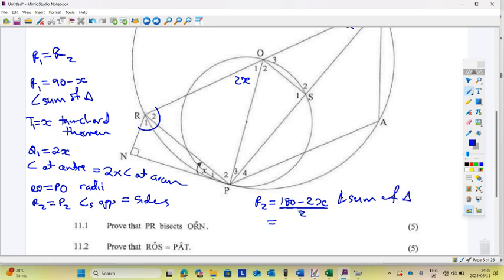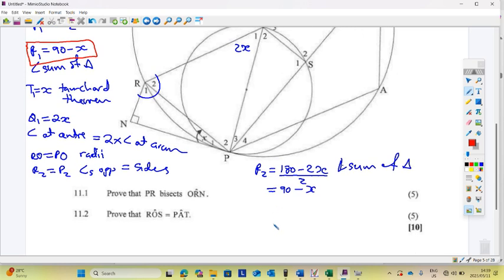So this is going to be 2 into 180, it's a 90 minus x. Remember where we started from? We started from this one. We said R1 is equal to 90 minus x, when we have seen that R2 is also equal to 90 minus x.